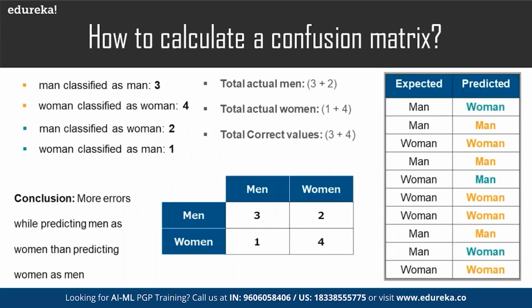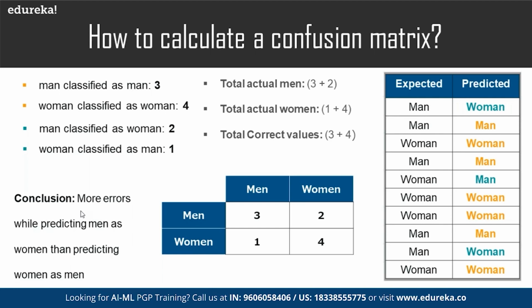So moving ahead, how we go about calculating it is again mathematical. We use true positive, false positive, true negative and false negative, and this is how we get the errors here. As per this example, whenever a man is classified as a man, the value is 3. That is just a value we are giving for the sake of the example.